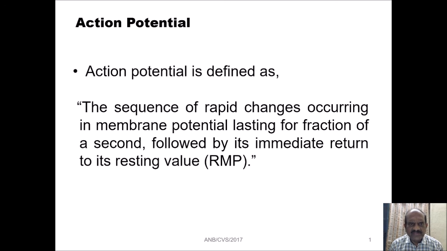Action potential is defined as the sequence of rapid changes occurring in membrane potential lasting for a fraction of a second, followed by its immediate return to its resting value. That means there are two phases of the action potential, the depolarization and the repolarization. When depolarization occurs within a fraction of a second, it returns to the resting value, which we call the resting membrane potential.